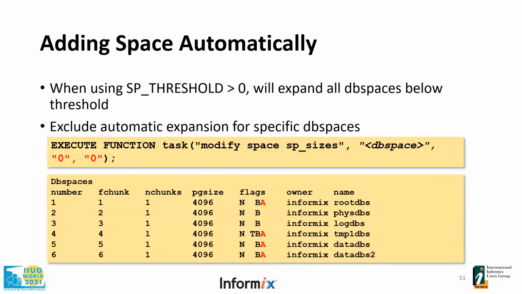And what you'll see as soon as you do that, under onstat -d, the A will disappear from the flags. The A simply means it is available to be expanded automatically. But here you can see I've disabled the automatic expansion from the phys-dbs and the log-dbs.